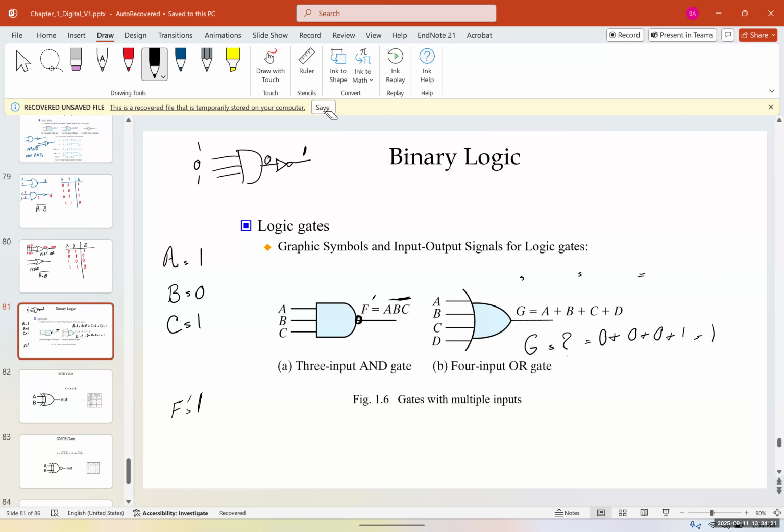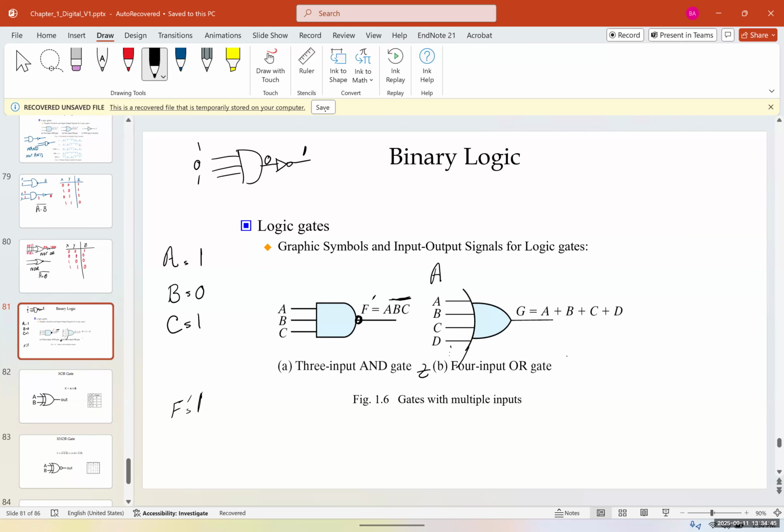Now let me give you another example. Imagine if instead of 4, I have 40 or 25 inputs. So A, B, C, D, going down to Z. So I have maybe 20, 30 inputs.